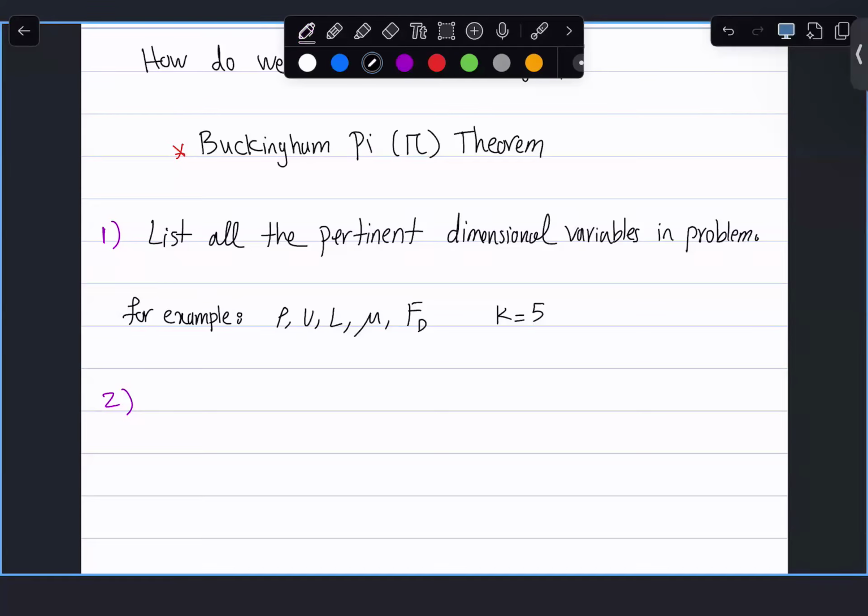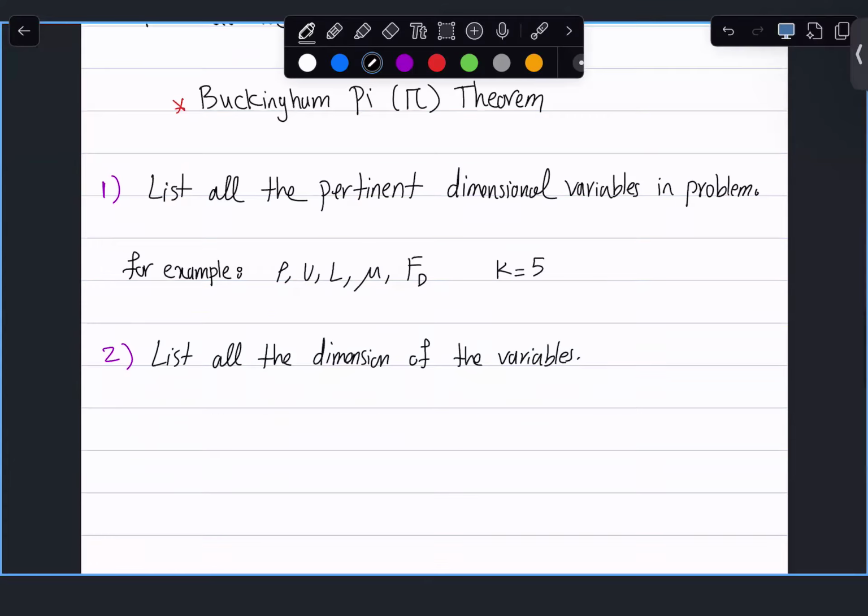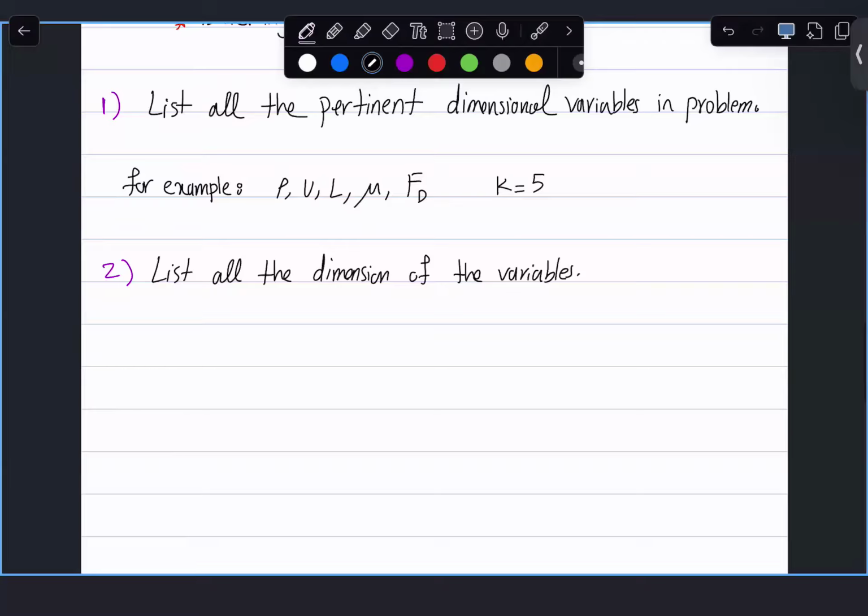Okay. Next step, you write down all the dimensions of the variables. That's a very important step because we're going to use this in the next step. So basically you just say, okay, I have rho in my problem. I know the dimensions of rho is this, right?